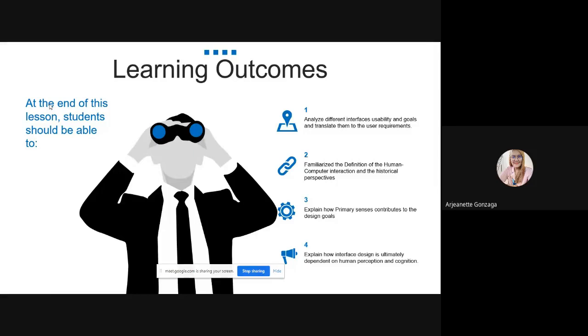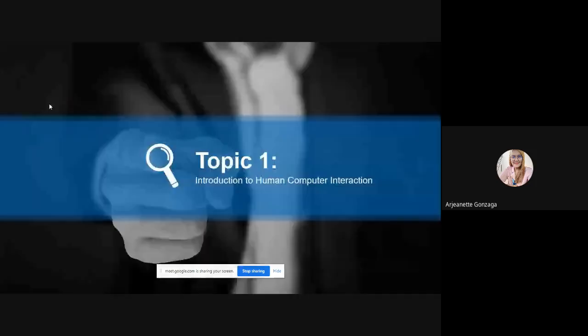Number 3, explain how primary senses contribute to the design goals. And lastly, explain how interface design is ultimately dependent on human perception and cognition. Okay, so yan yung dapat ninyong matutunan at the end of this lesson.